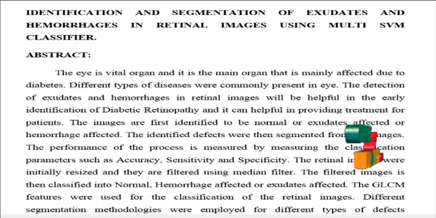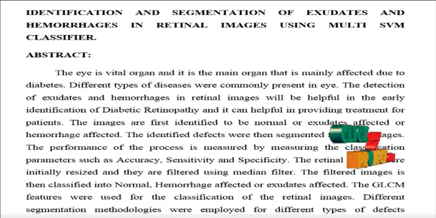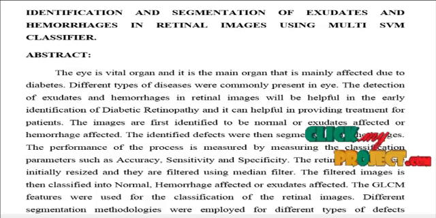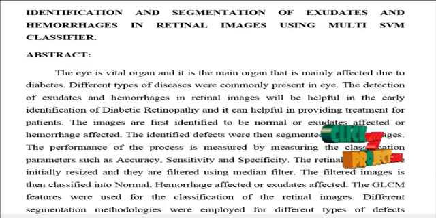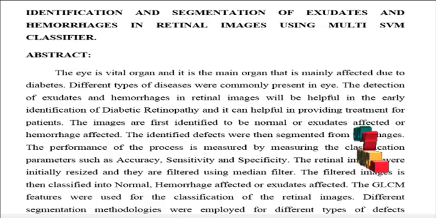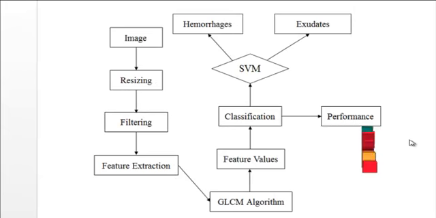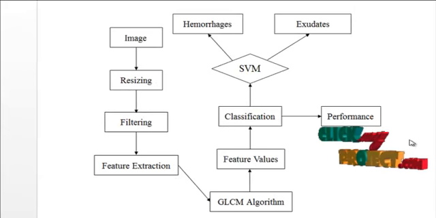The performance is measured by calculating the classifier performance metrics such as accuracy, sensitivity, and specificity. In addition, the confusion matrix and ROC curves are identified in order to measure the overall performance of the process. Let me see the flow of the process.